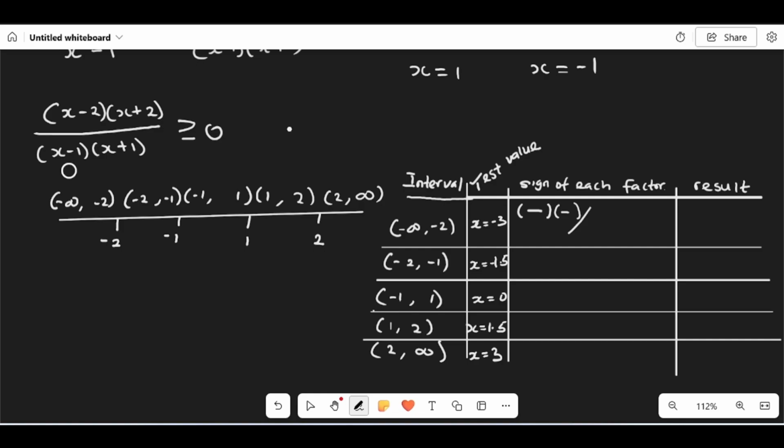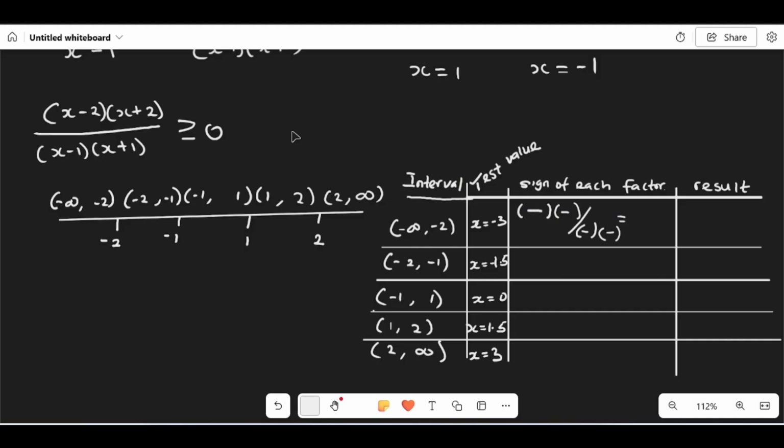Inserting minus 3 here, minus 3 minus 1, we have minus 4, so our sign also is minus. Here, minus 3 plus 1 is minus 2. Also our sign is minus.